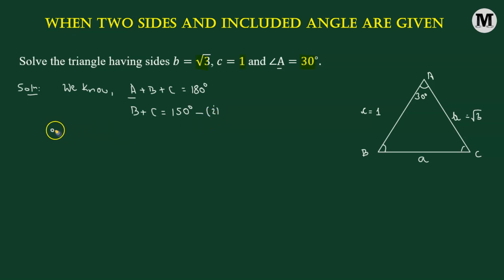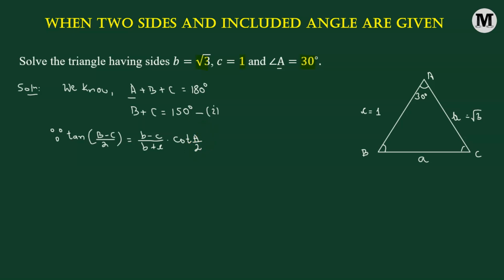Next, we take the help of a half angle formula. We know that tangent of the half angle (B minus C) over 2 equals (b minus c) divided by (b plus c), multiplied by cotangent of A over 2.